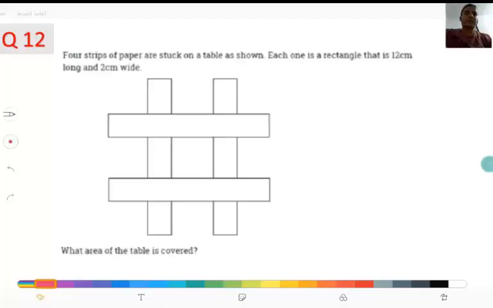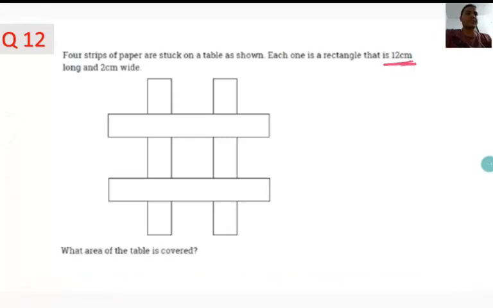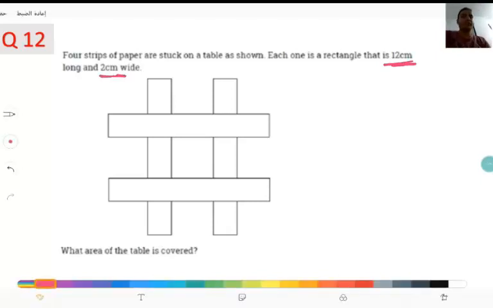4 strips of paper are stuck on a table as shown, each one a rectangle that is 12 centimeter long and 2 centimeter wide. When you put something on a table, it covers an area of the table.